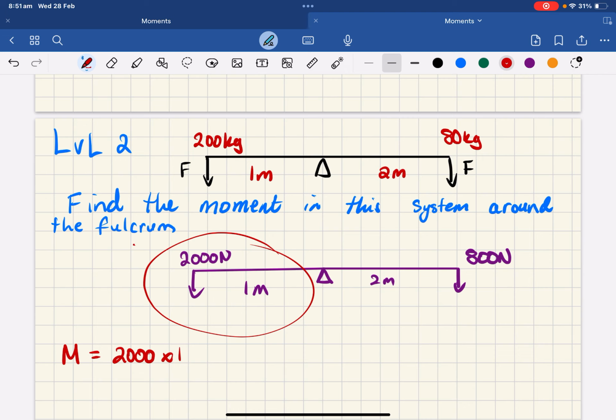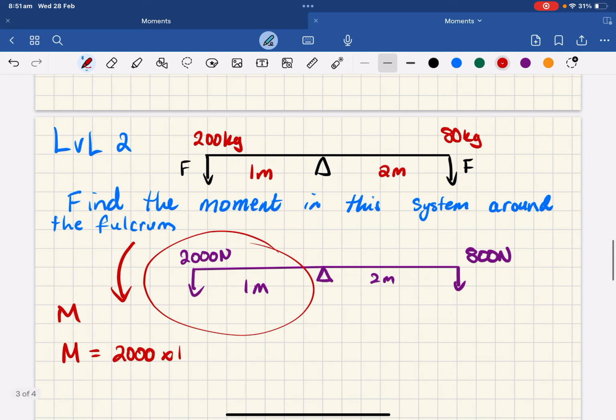Now, this one is going this way, which is anti-clockwise. We're going to say that moment is positive in the clockwise direction. Let's give this a letter. Let's make it, we'll be really creative. We'll call it A.